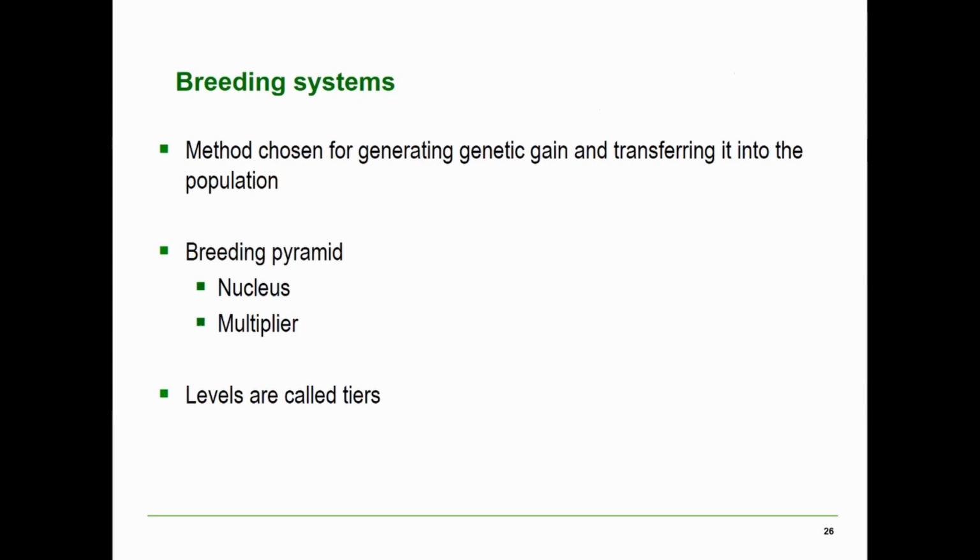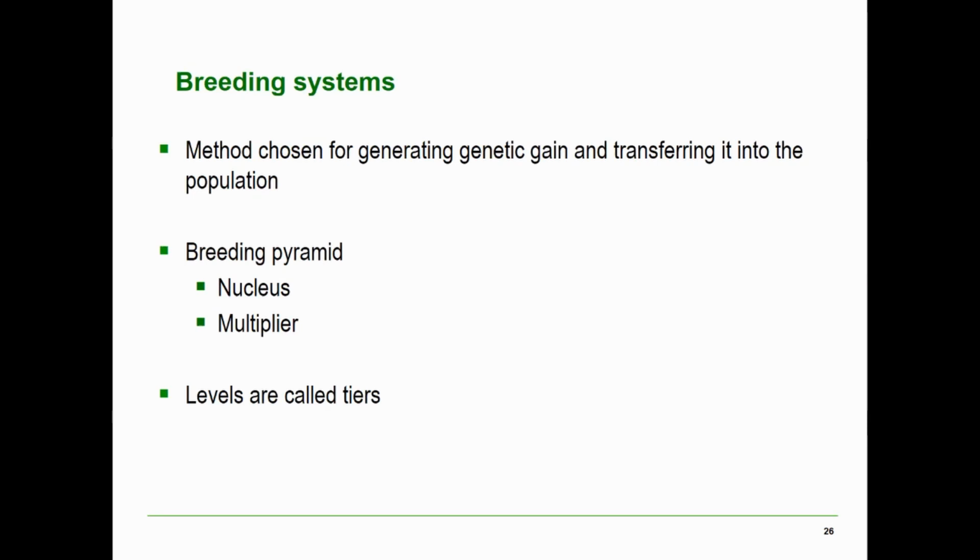When it comes to breeding systems, we also have various options for which method we want to choose to generate genetic gain. These are more related to the crossbreeding strategies.